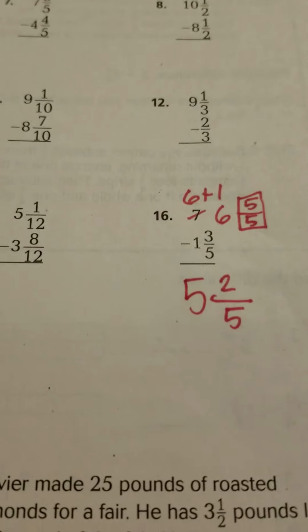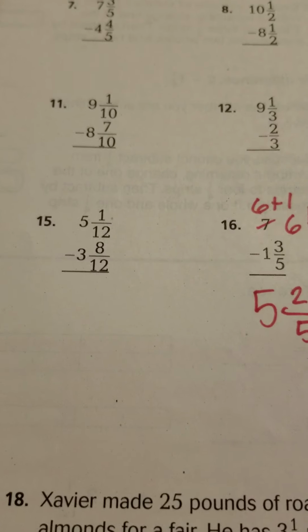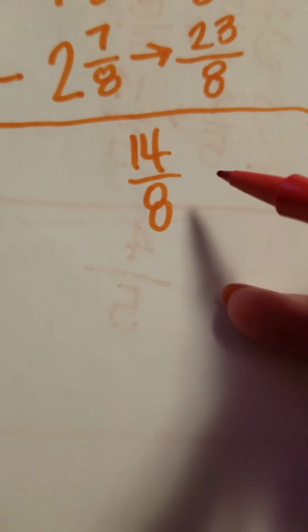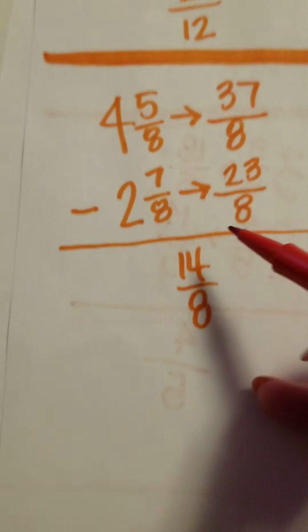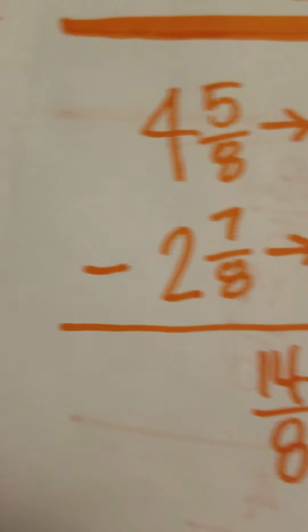I also want to point out that you don't need to simplify, because we don't have to simplify in 4th grade. So when I was helping someone earlier, we came up with this answer. I'm okay to leave it in this form. This was number 5.